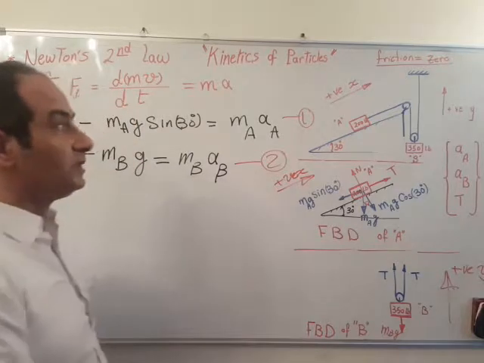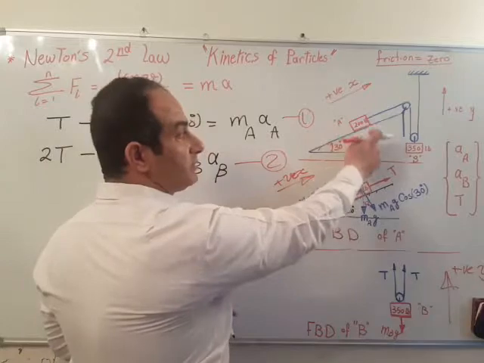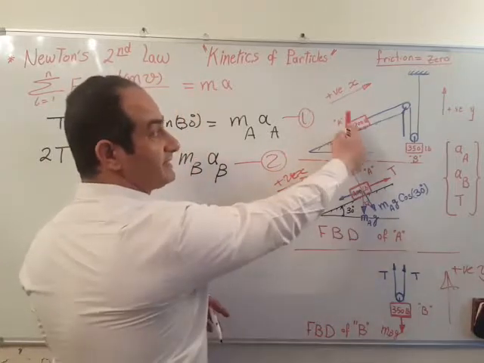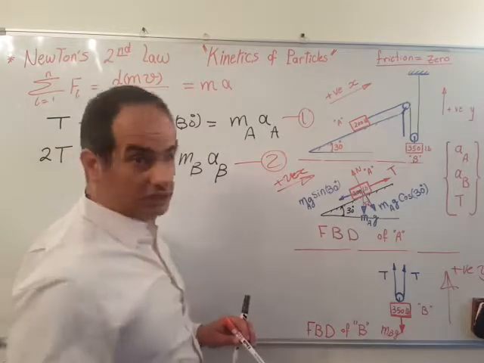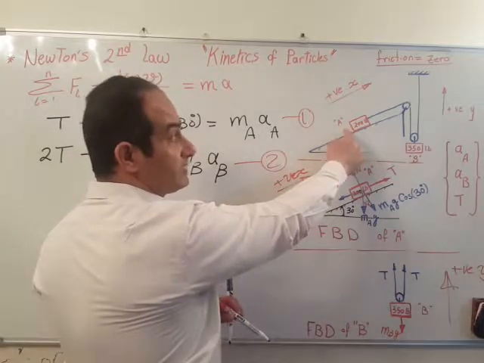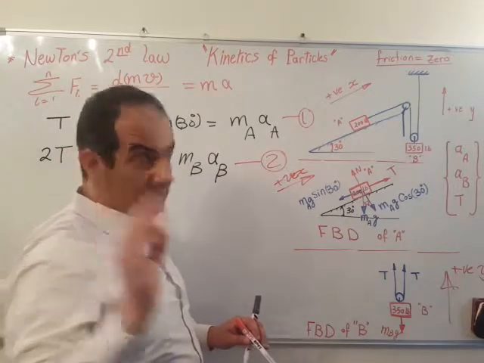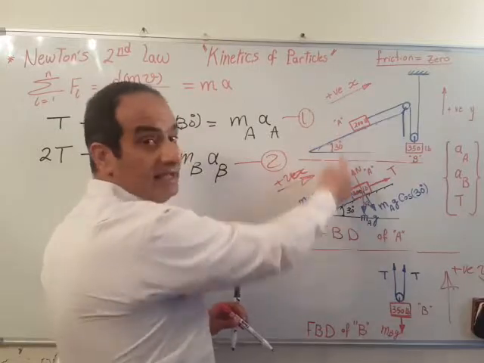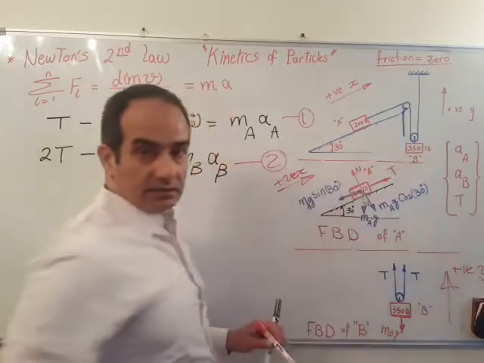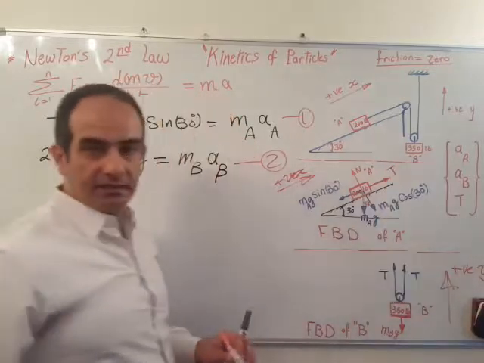Eventually, you can recognize that the magnitude of the velocity or the acceleration of mass A equals twice the velocity or the acceleration of mass B.